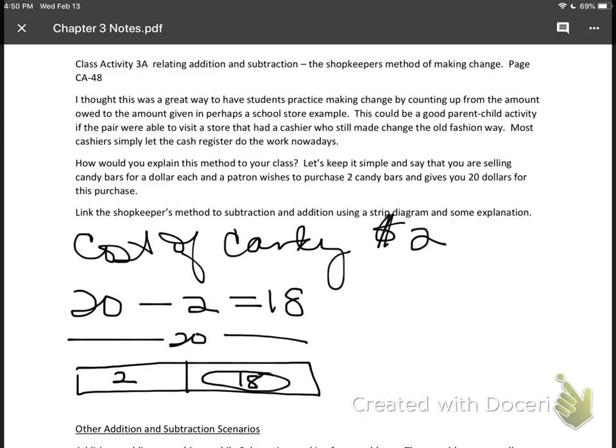Many, many times it is the most efficient way for the children to make change by doing the counting up method. So this, in effect, changes your problem from a subtraction problem to an addition problem. I know that I've spent $2.